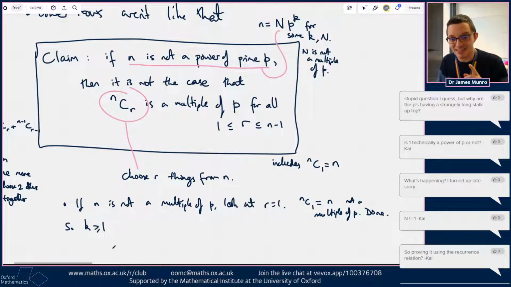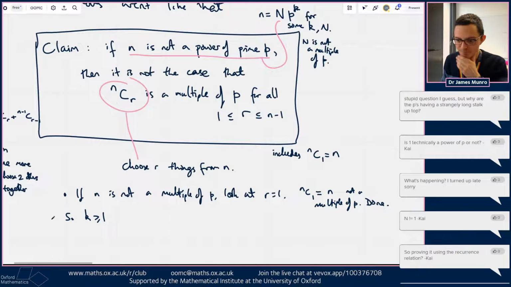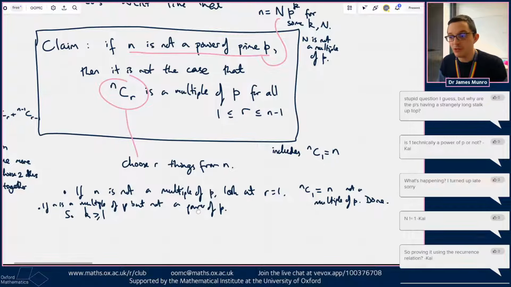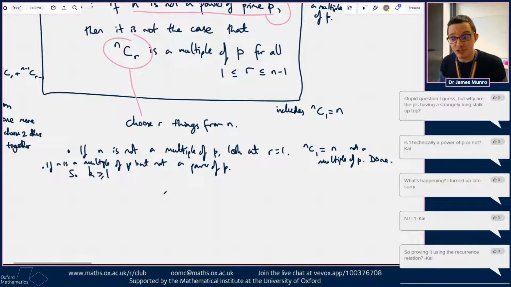We've got many cases left. We've got cases where n is a multiple of p. We're kind of in this other case: multiple of p, but not a power of p. So I want to imagine what it's like to choose r things from n in that case. And I want to lay out n in a particular way.